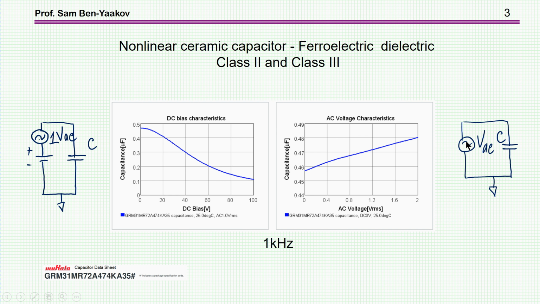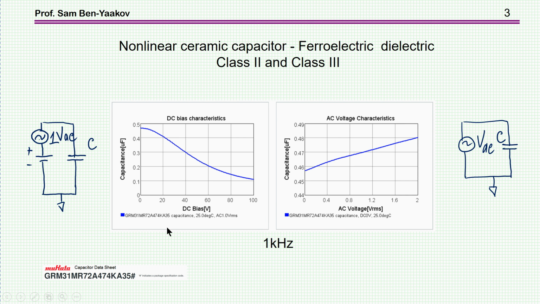This is the amplitude of the excitation. Again, by measuring the current and knowing the voltage and the frequency, you can calculate the capacitance for each point. Both of these measurements are made at 1 kilohertz.